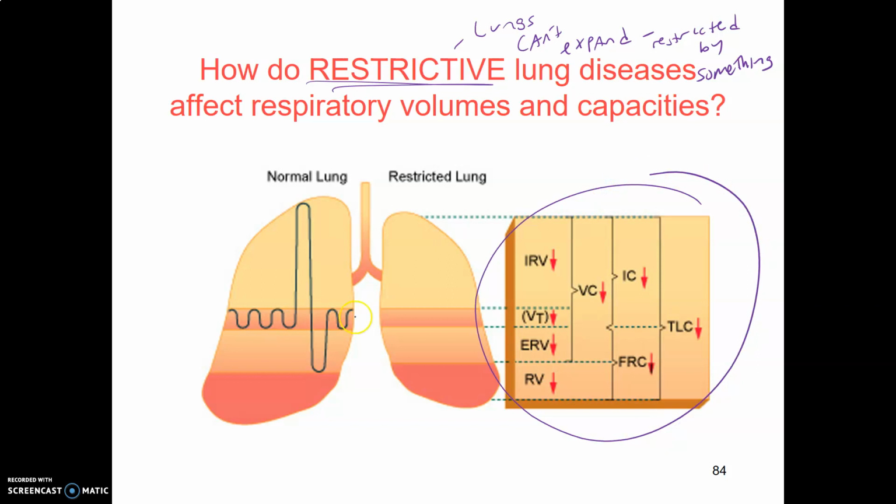That makes sense because if air can't get in, the lungs can't expand. Restrictive diseases are almost like as if someone gave you a big bear hug and squeezed you really tight. Could you take a deep breath in? So any disease that causes that type of feeling is going to be considered a restrictive disease.